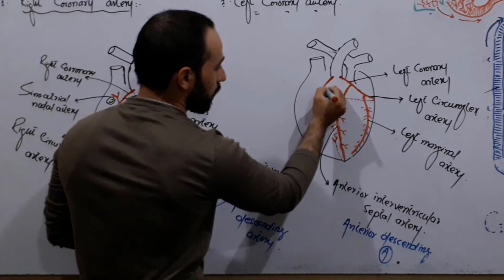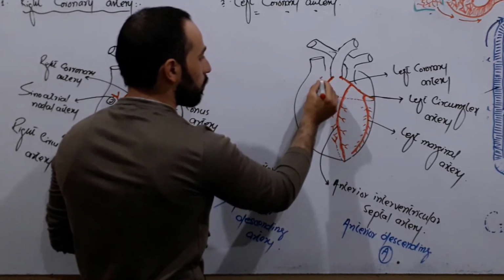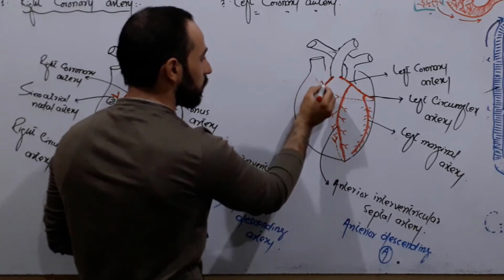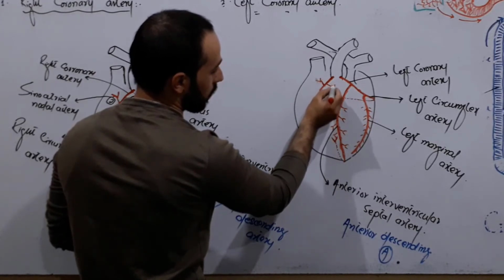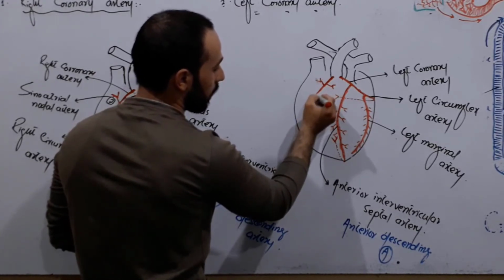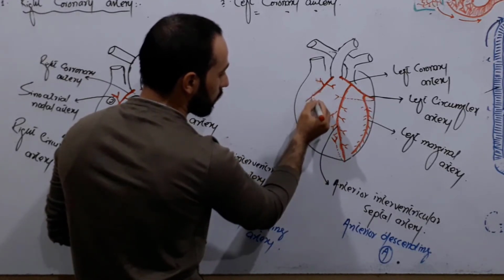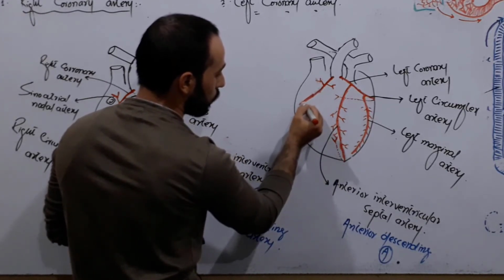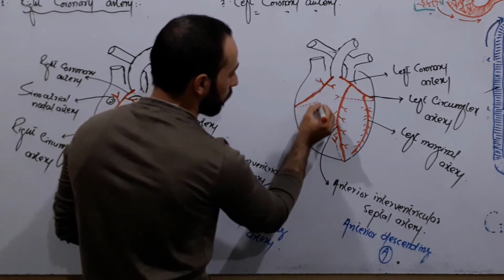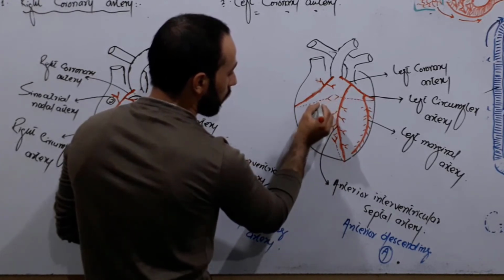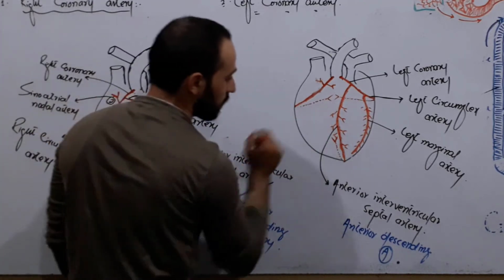This is our right coronary artery. Clear? The first branch was moving towards the SA node, then here was a branch, okay, we will name all of them. This is our right coronary artery and it moves to the right margin of the heart and turns back and gives the posterior atrioventricular septal artery, right?